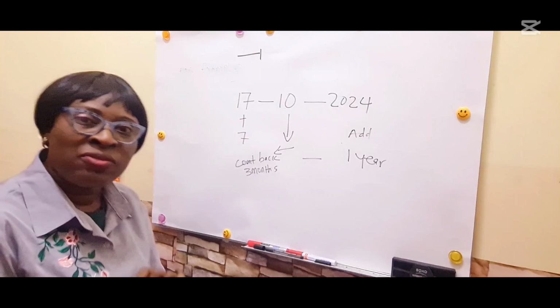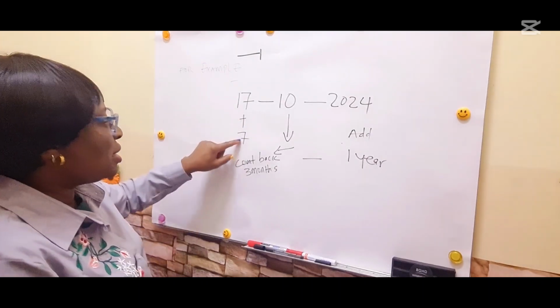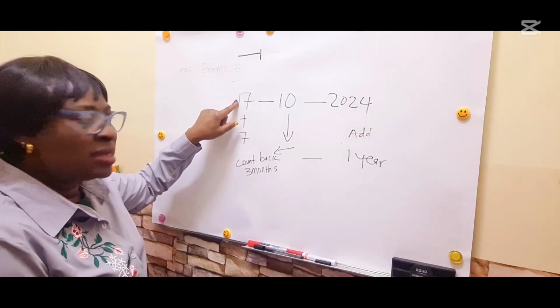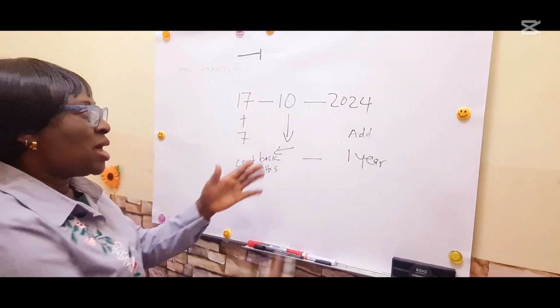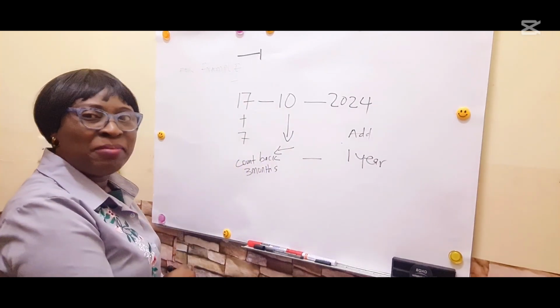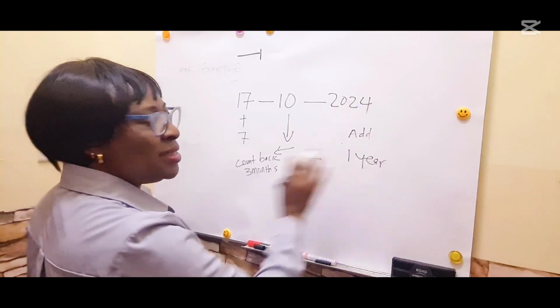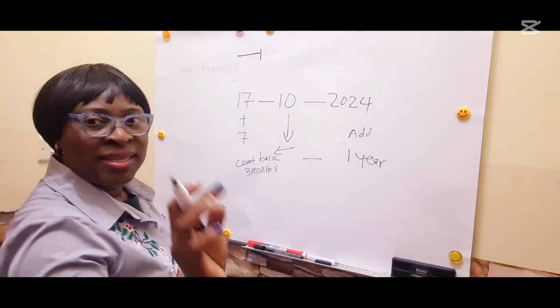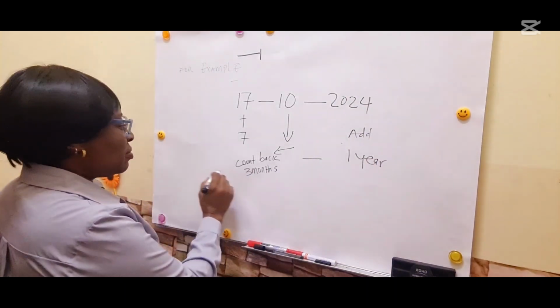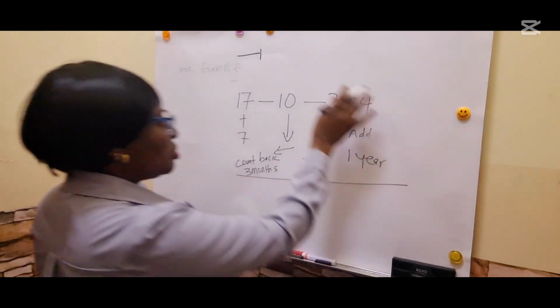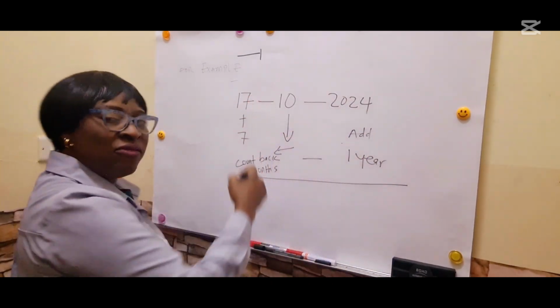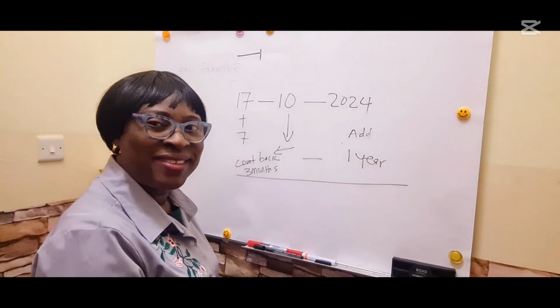So using Nagel's formula, we'll be adding 7 to 17, counting back 3 months from 10, and adding 1 year.